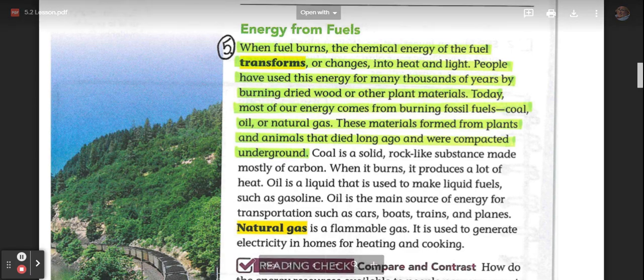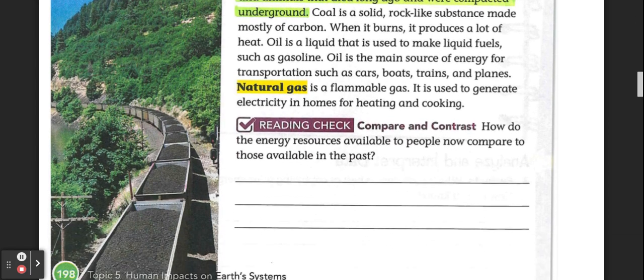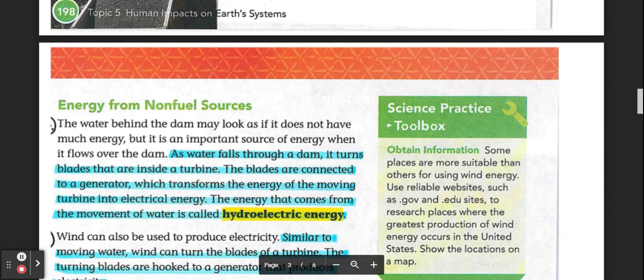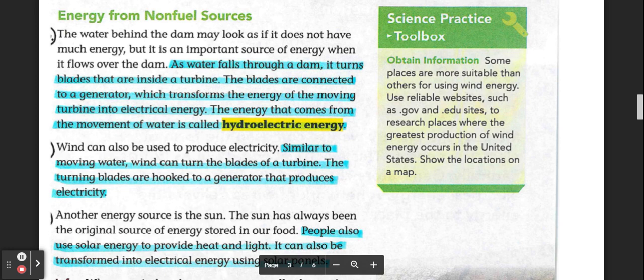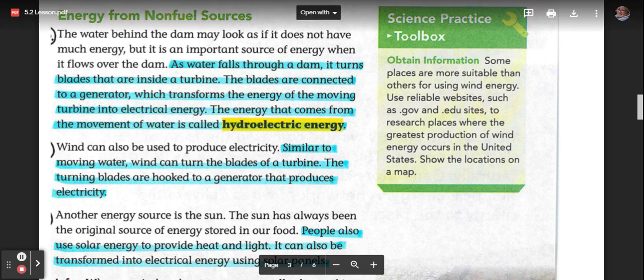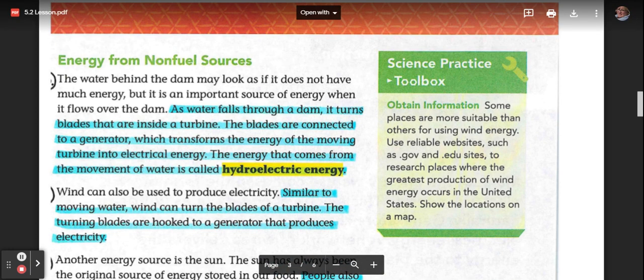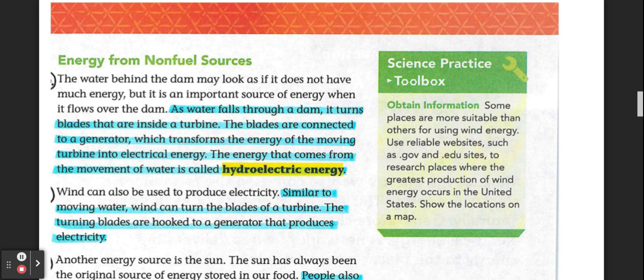Now there is a way to get energy from other things that do not necessarily cause a pollutant of any kind. And so these are energies from non-fuels. Now I want to caution you, in Canvas, there is a section where I put in a bunch of these, and then you have to tell me whether it's a fuel or a non-fuel.